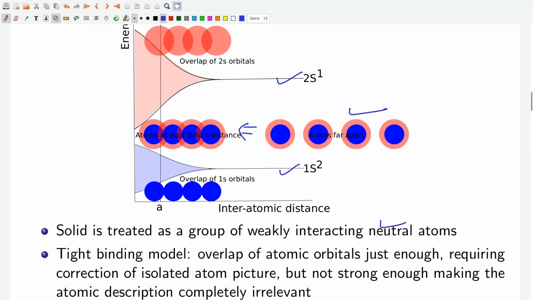In other words, from n isolated atomic energy levels, we get an energy band having n states. This is the 1s band and this is the 2s band. Each band has n energy levels.